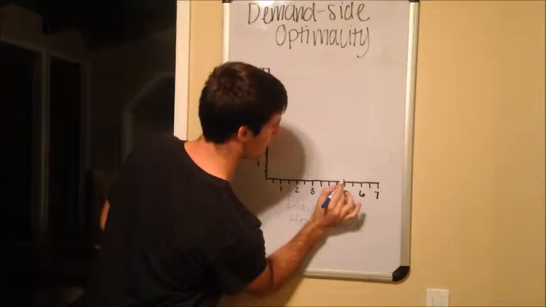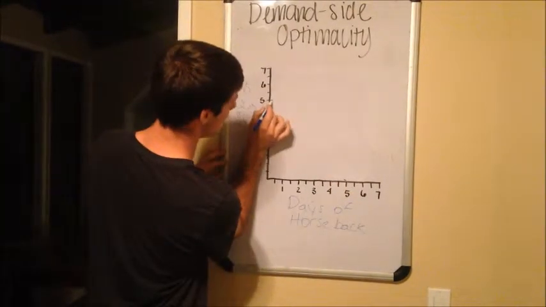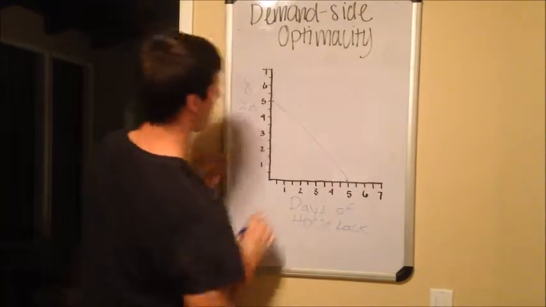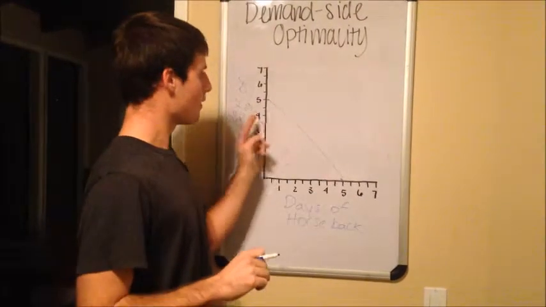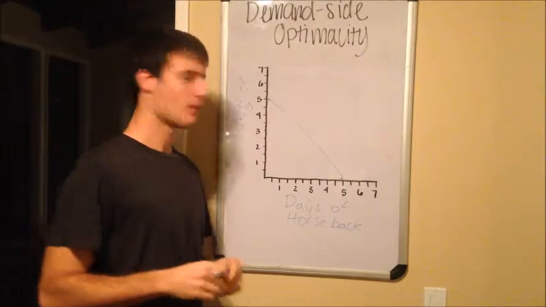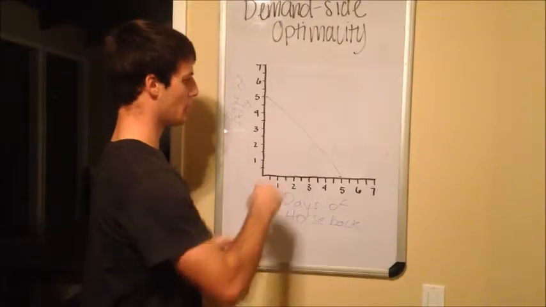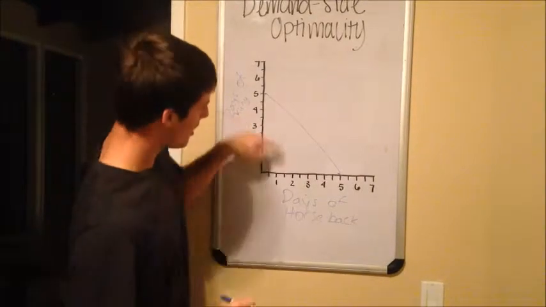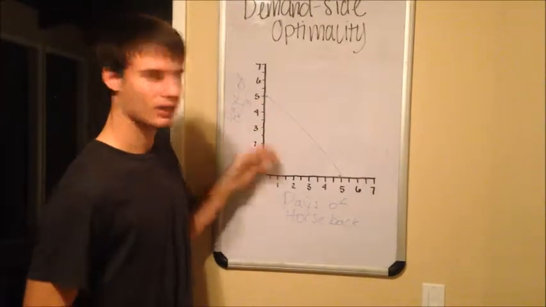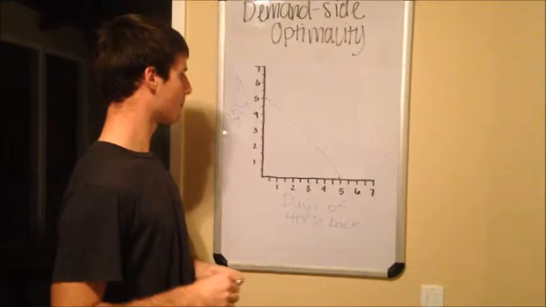You draw a point here as well, and then you connect those two points, and for each of the combinations on here, you would get the same amount within your budget. So you'd get 4 days of skiing with 1 day of horseback riding, and so on from there.